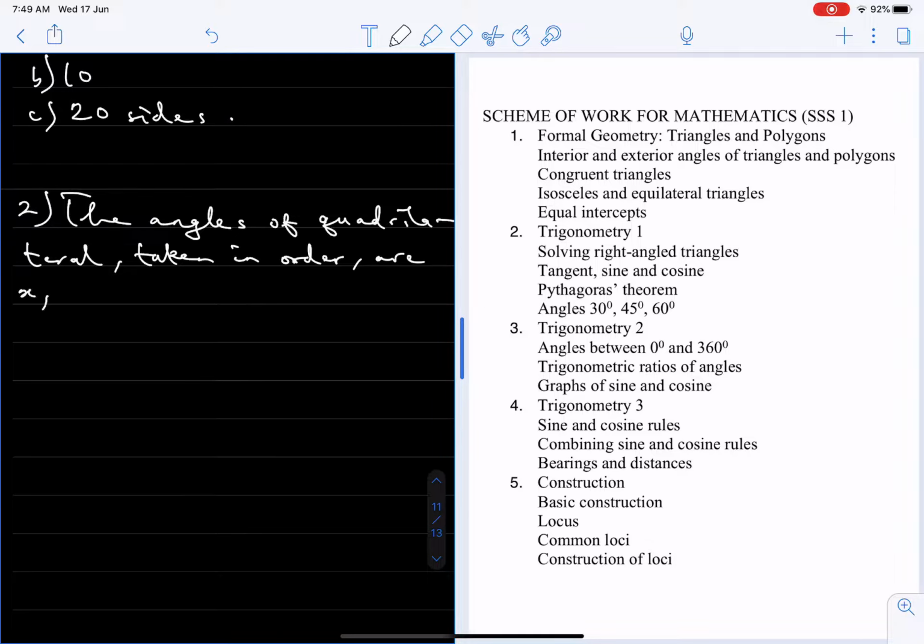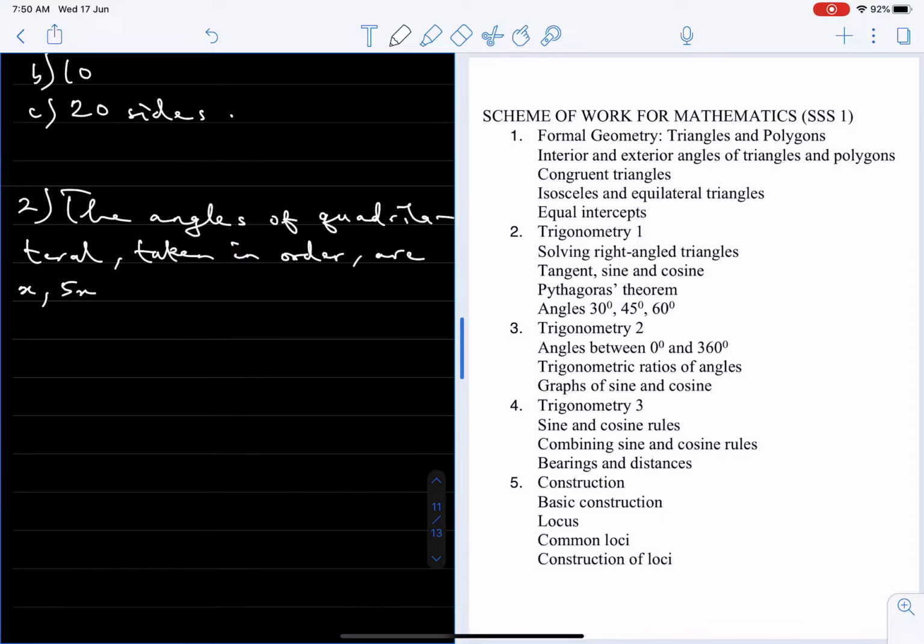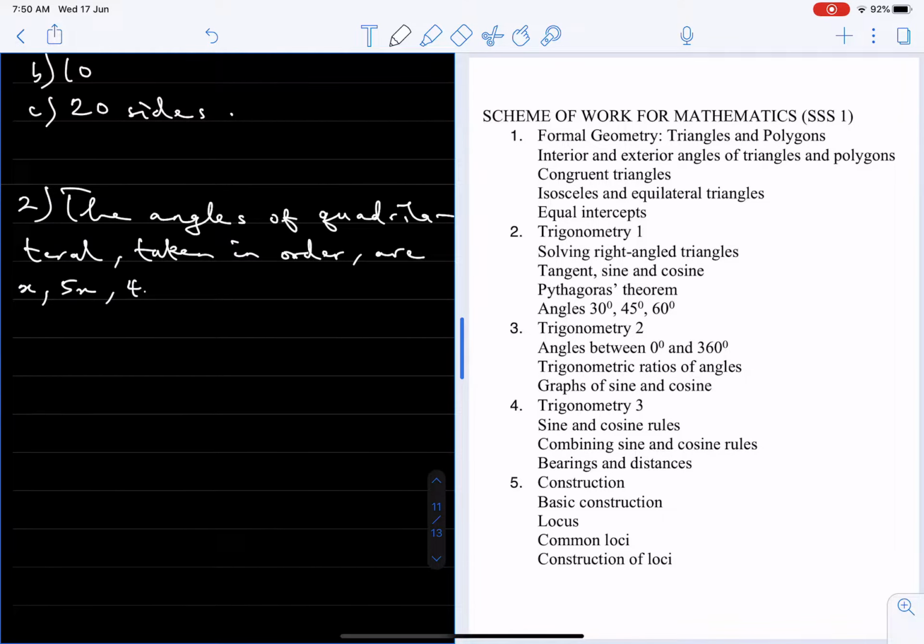x, 5x. Oh no. Order here means starting from a point and going round to the last one. It doesn't mean order of sizes. It's just starting from a particular point and going around the figure to the last one. x, 5x, 4x, and 2x.